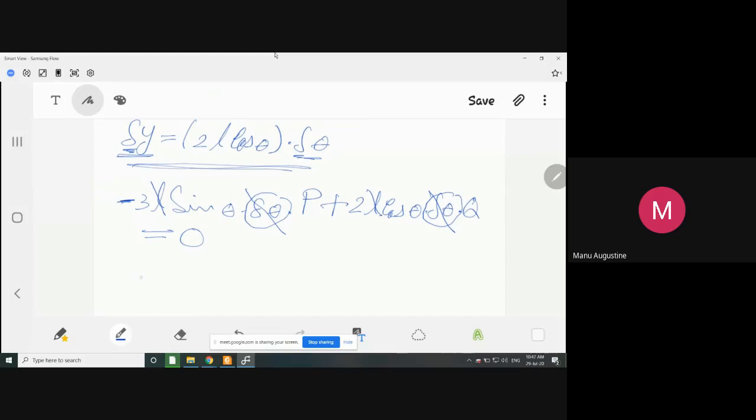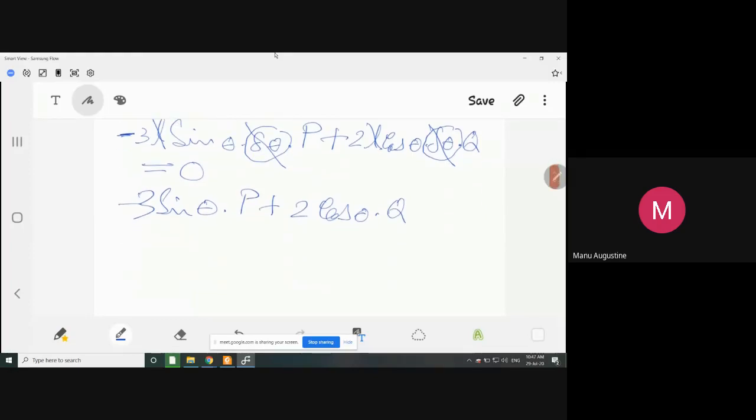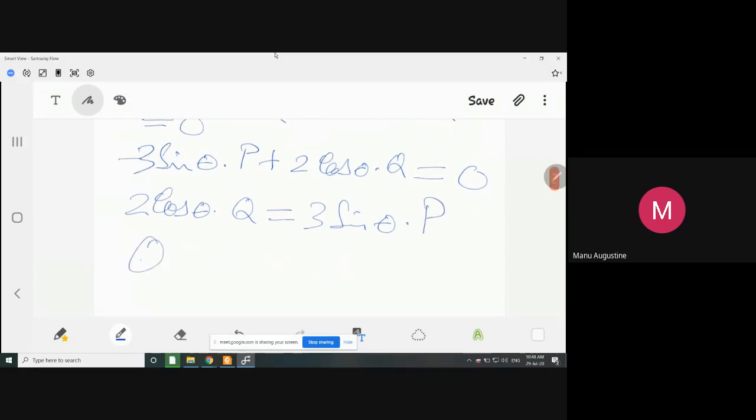So my equation simplifies to minus 3 sine theta into P plus 2 cos theta into Q, and my objective is to find Q. This is equal to 0. This is the equation. So I can take this negative quantity to the right hand side. 2 cos theta into Q is equal to 3 sine theta into P. So what is Q?